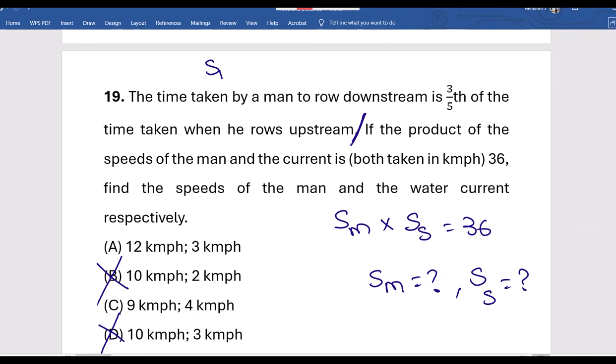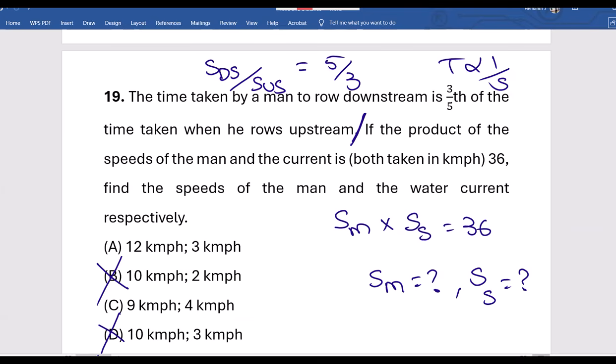So adding divided by subtracting should be 3 by 5. Sorry, this should be 5 by 3. Why, sir? Because 3 by 5 is related to time, and 5 by 3 is related to speed. Add in the numerator, subtract in the denominator for those speeds, so it should be 5 by 3.